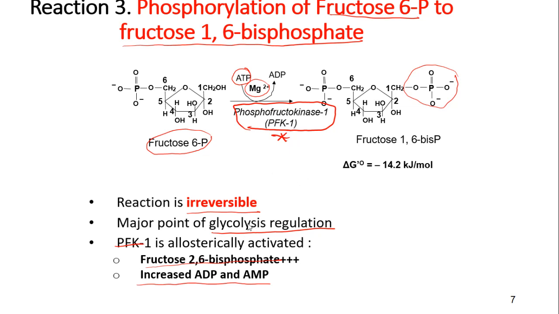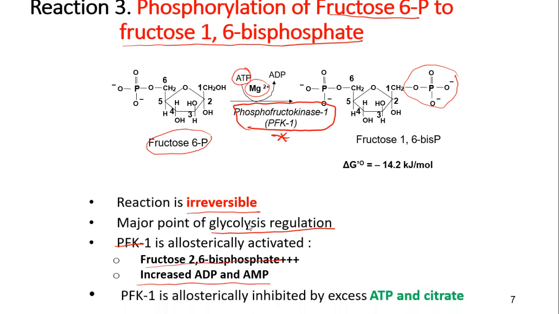This enzyme is inhibited by the presence of excess ATP and citrate. So ATP and citrate lead to the inhibition of PFK1, meaning when there is excess ATP and citrate, you need to understand that this process will not take place.